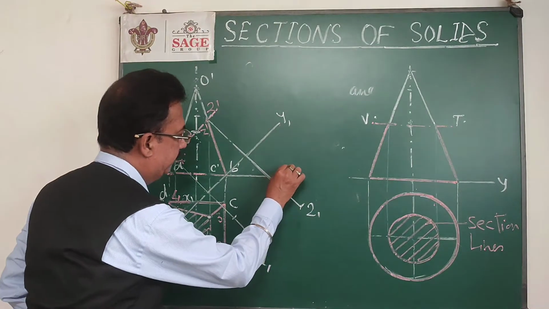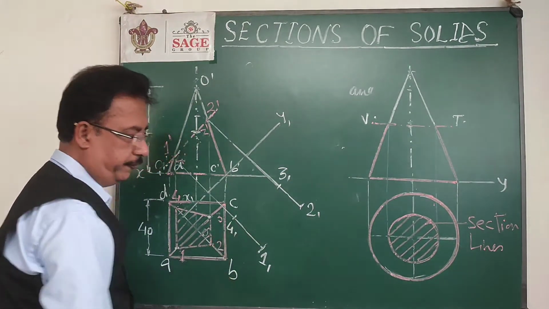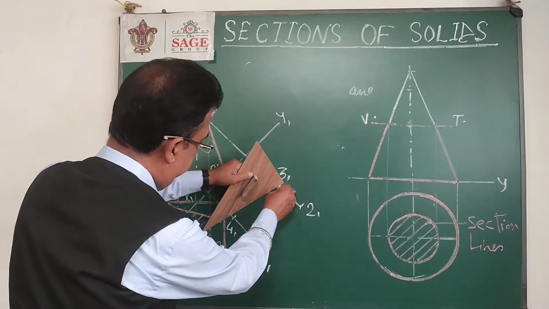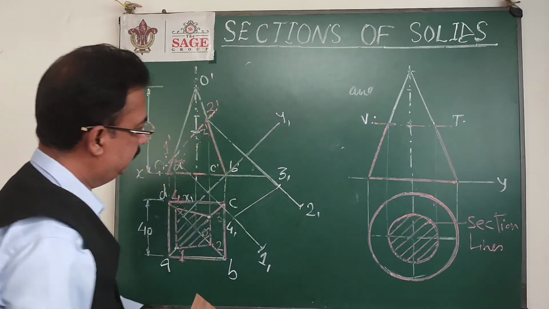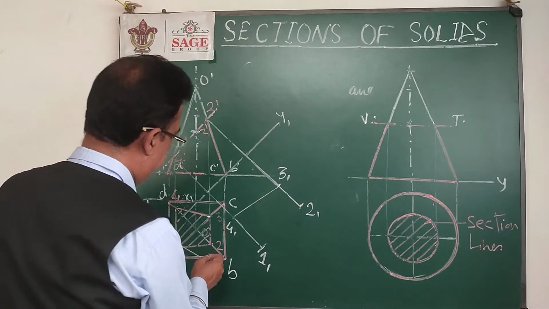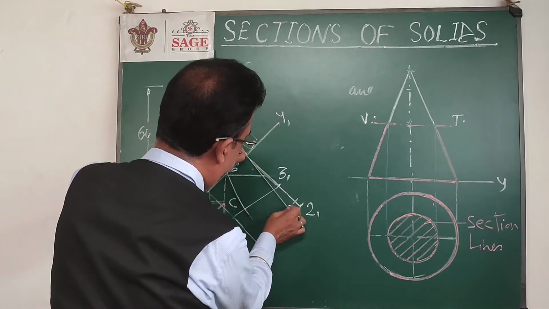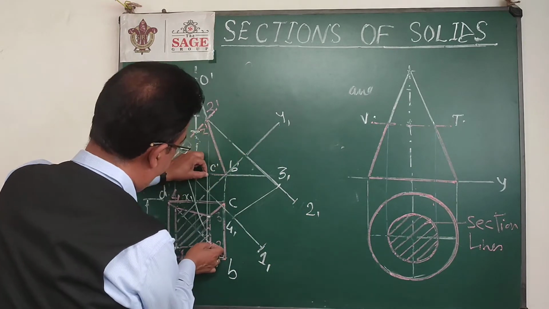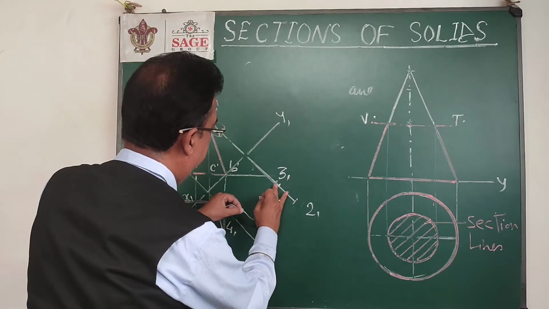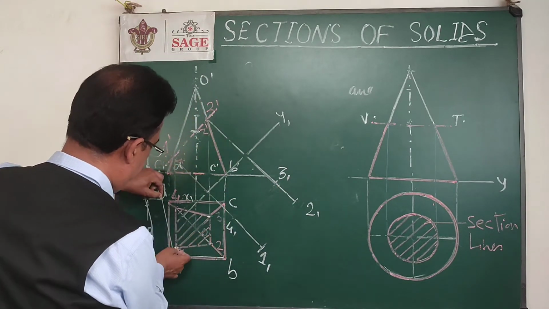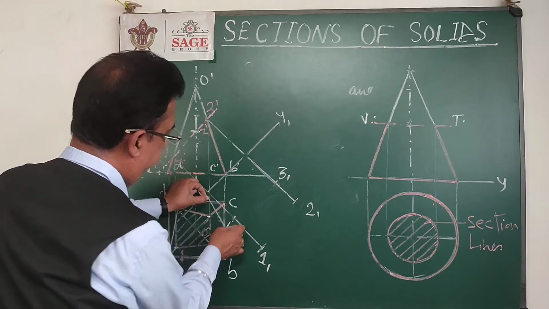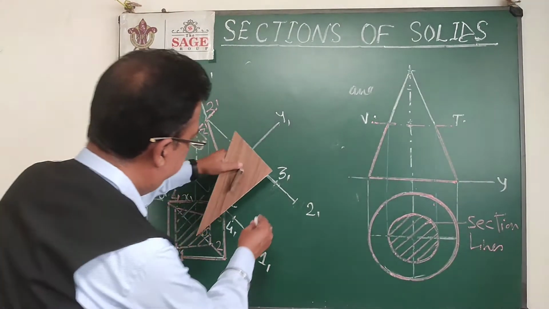So in this way I can get all the 4 points with reference to this new reference line, and if I join all those points in the same sequence as they are in the figure, we can easily get this will be here, this is 2, this is 3, and this is 1, and this is 4. So I got 1, 2, 3, 4.